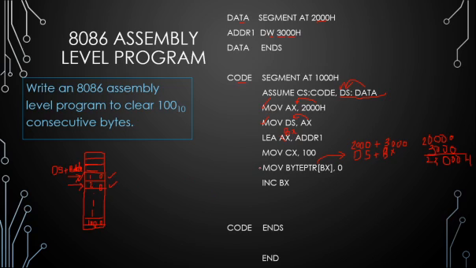So this same step has to be repeated again, isn't it? So we need not write the same step again. We just have to loop it to this particular location. So what will happen? It will again make that location 0 and increment BX, which means it will point to the next location. Okay, so this has to be done till it reaches 100.